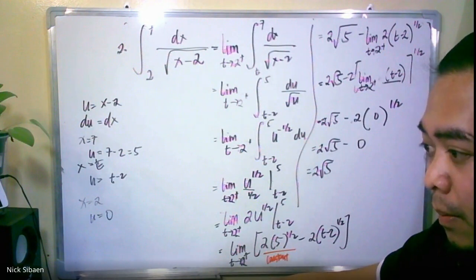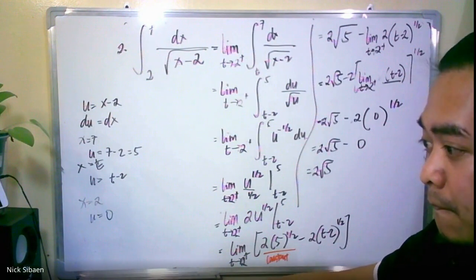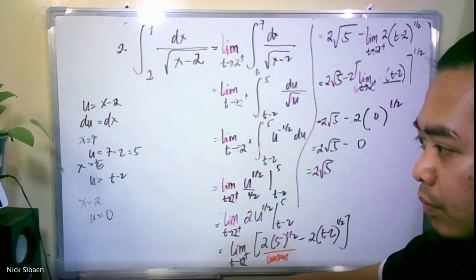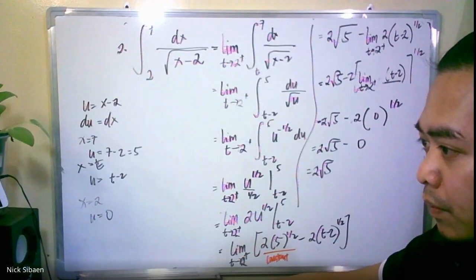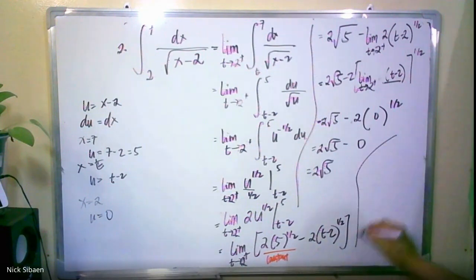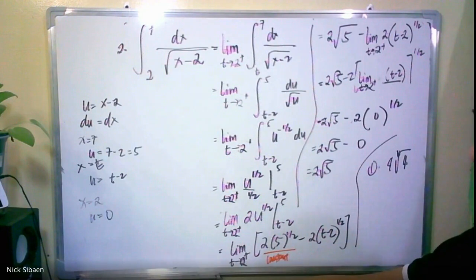Negative 3 and 1. Ano yung sagot natin kanina? Sa number 1? 4 fourth root of 4. Tama ba?